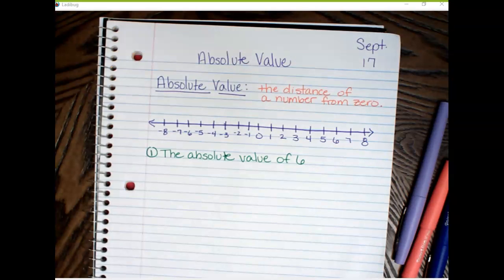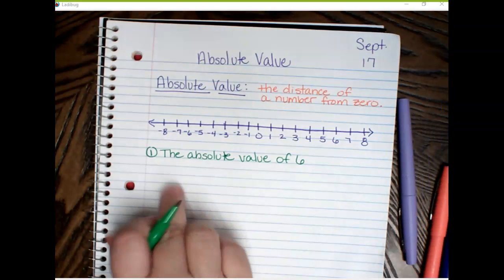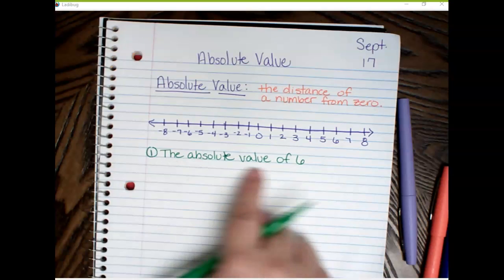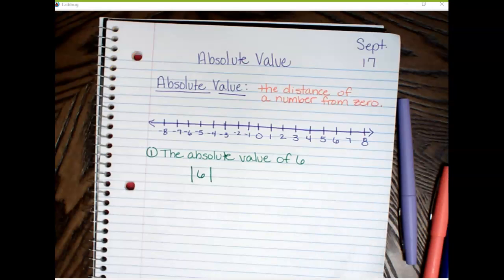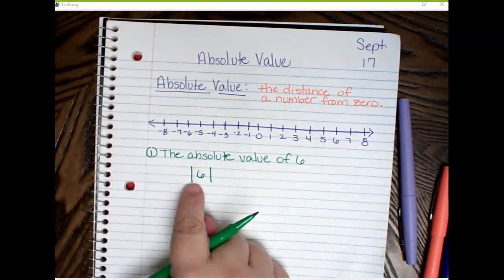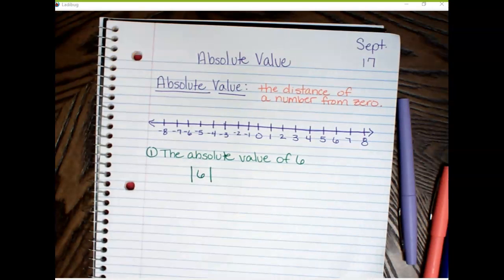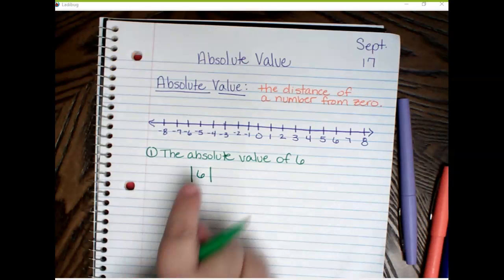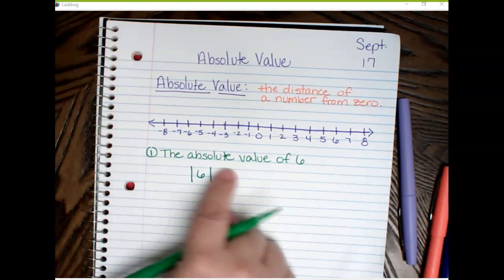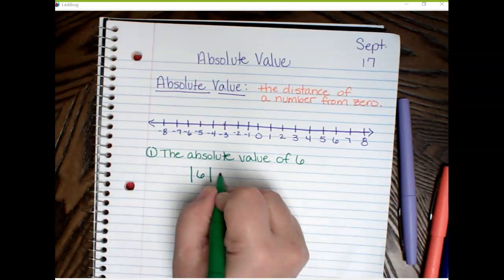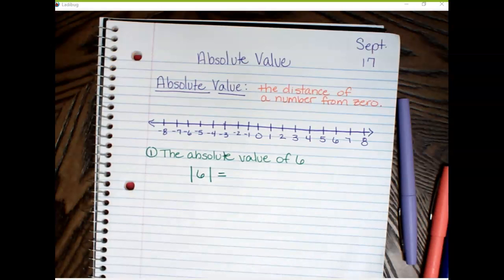The absolute value of 6. So the mathematical way to say the absolute value of 6 is by using absolute value bars. These little parallel bars that are kind of a little bit bigger than the number, those are called absolute value bars. So when I see a number inside these bars, I know they're wanting what is the absolute value of 6.